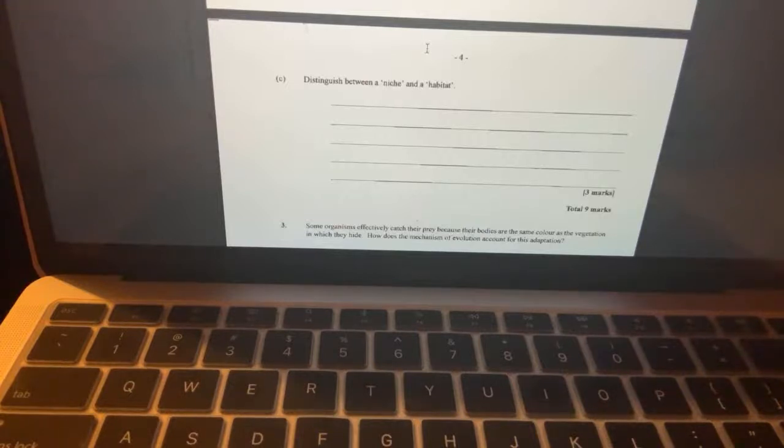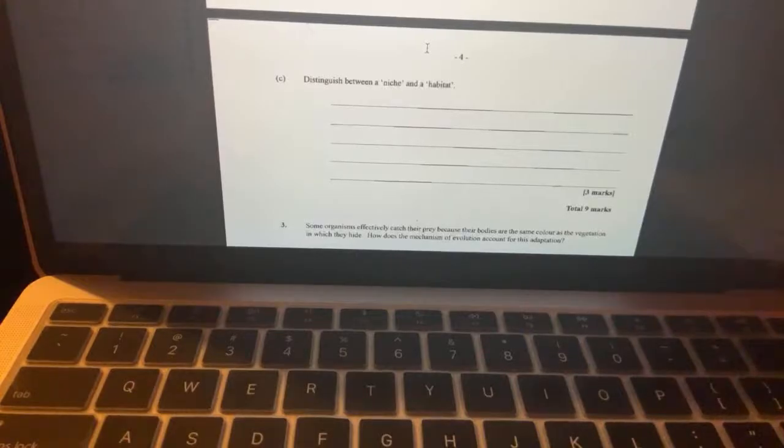So what is a habitat? A habitat is a place where the organisms live, right? That's the habitat. What about the niche? The niche is the specific role that is played by the organism in an ecosystem.